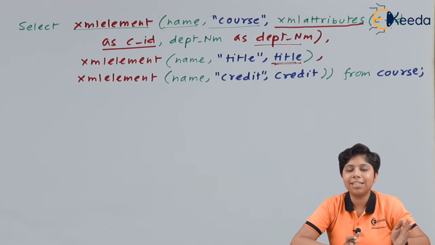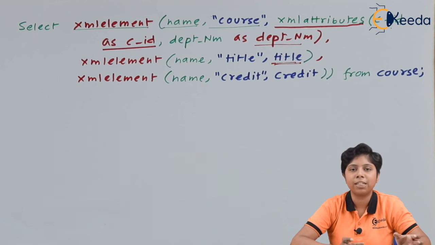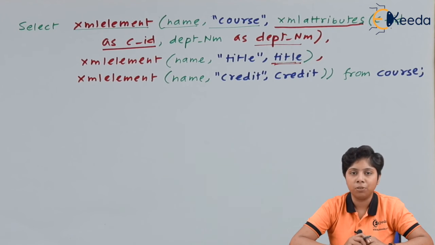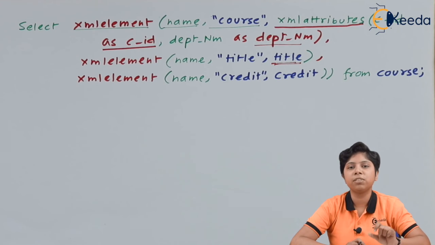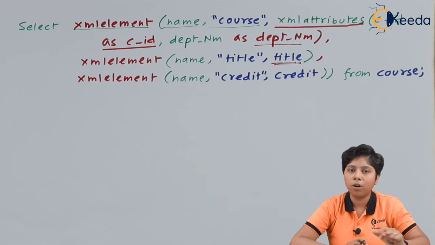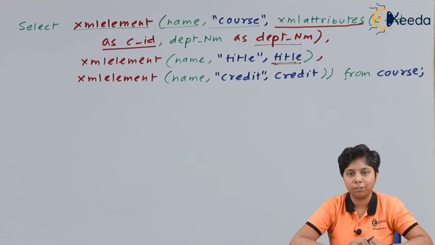So the main difference is that it creates an element, and the XML attributes create a particular attribute. So when there is more than one element to a course or any other element, we will use the XML forest, not the XML attributes function.